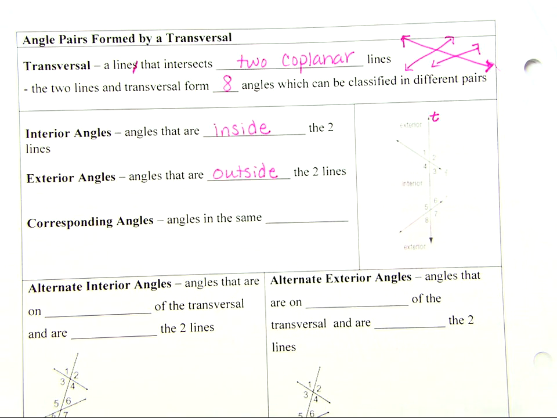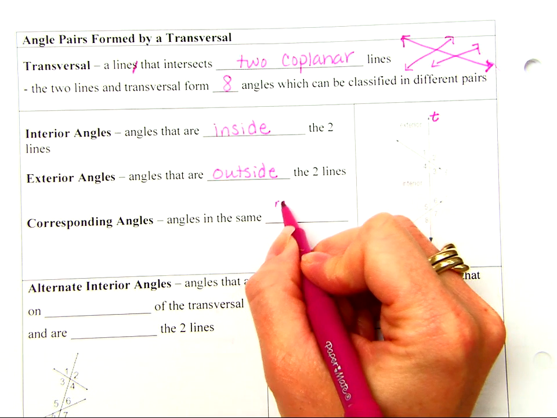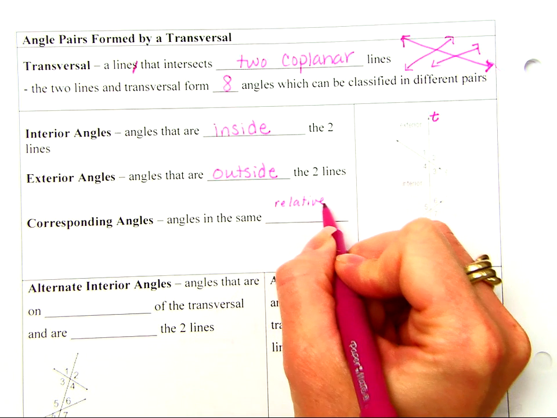Okay, I can see interior would be 3, 4, 6, 7. Exterior would be 1, 2, 7, 8. And then also, we can refer to angles as being corresponding. When angles are corresponding, they are in the same relative position.